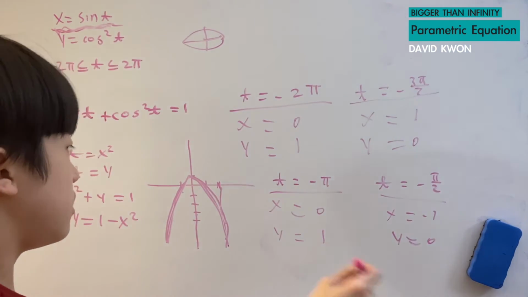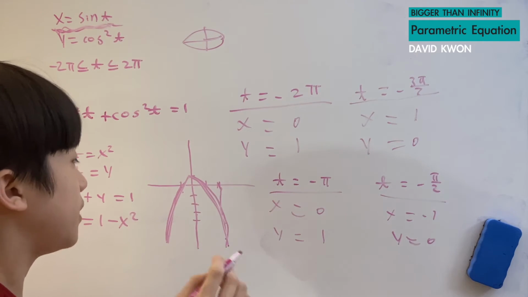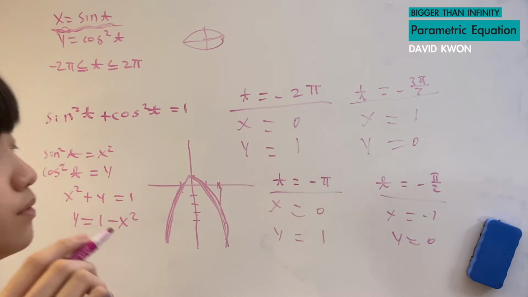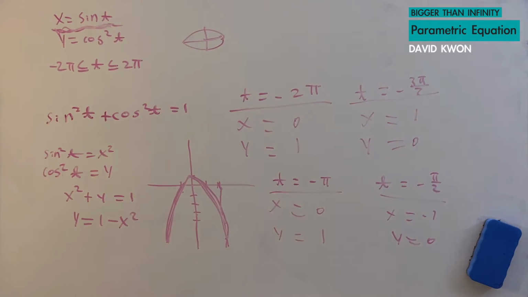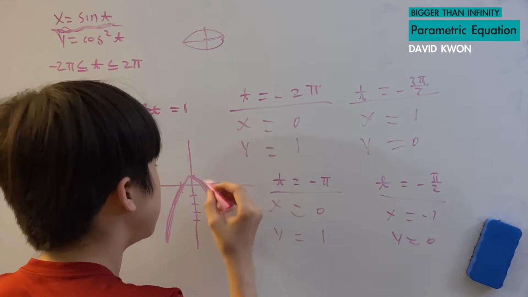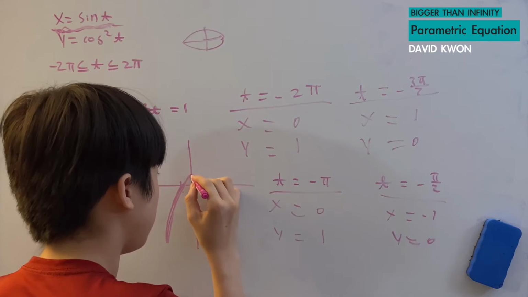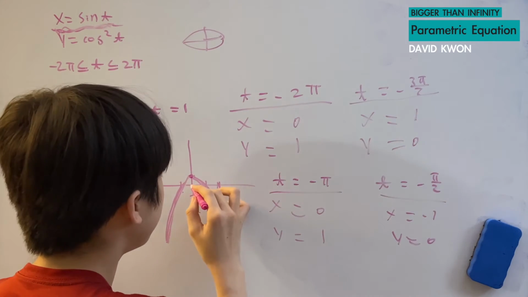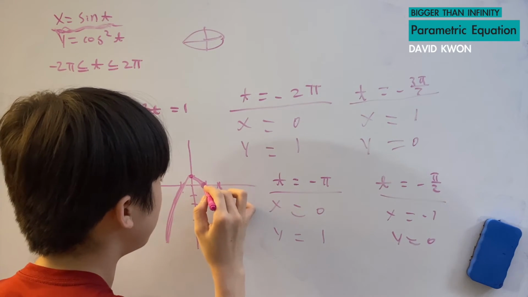We're going to need a lot of room to write more intervals down, so we're just going to graph them and then erase them and put new ones there. So now when x is equal to 0, y is 1, right here. Then when x is equal to 1, y is 0.